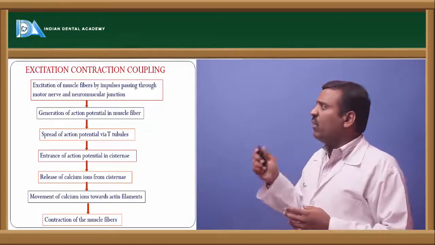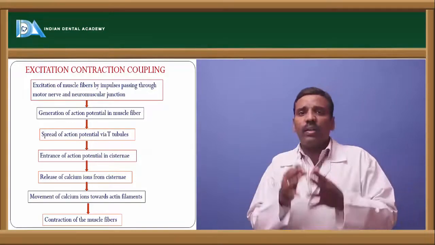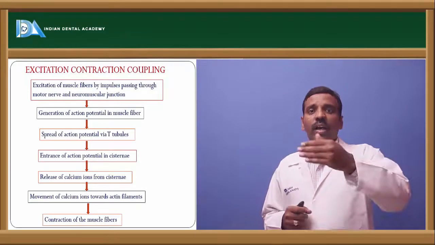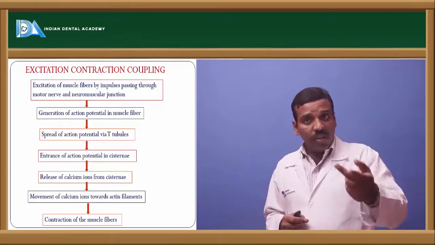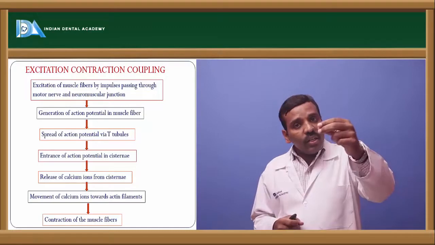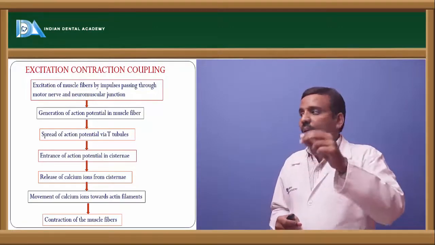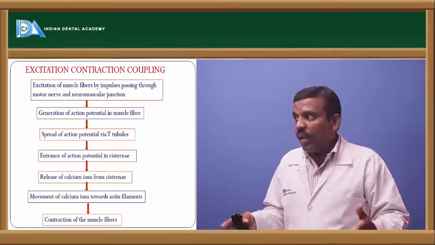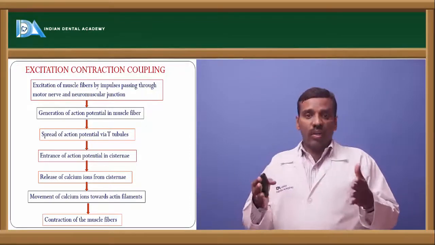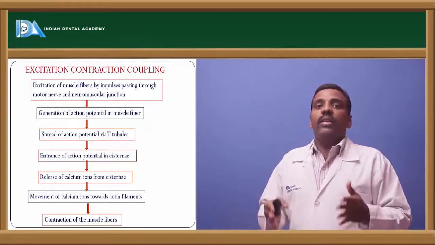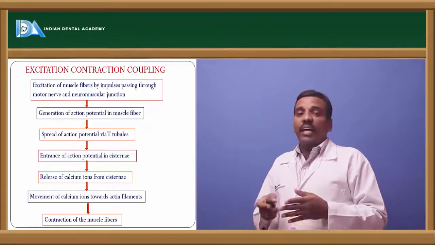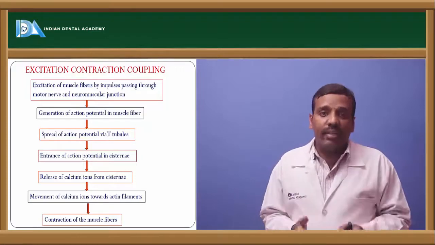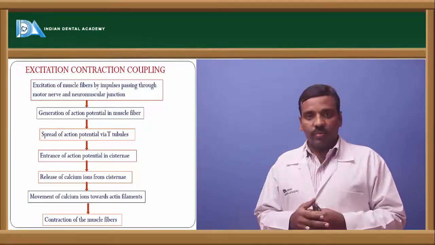Next, that action potential enters the cisterna of the muscle fiber. First is excitation by the stimulus, next is generation of the action potential, next is spreading of that action potential all over the muscle fiber, and next is entrance of that action potential into the cisterna. Next is release of calcium by the opening of the calcium channels, the calcium gates, in the cisterna.